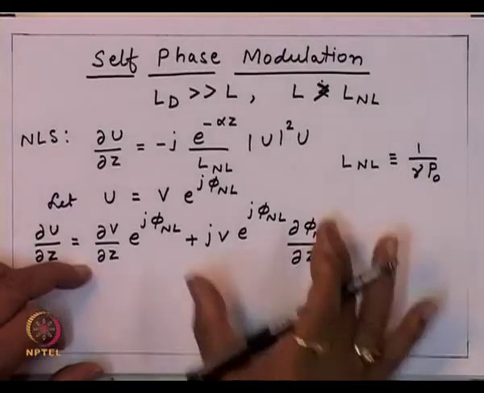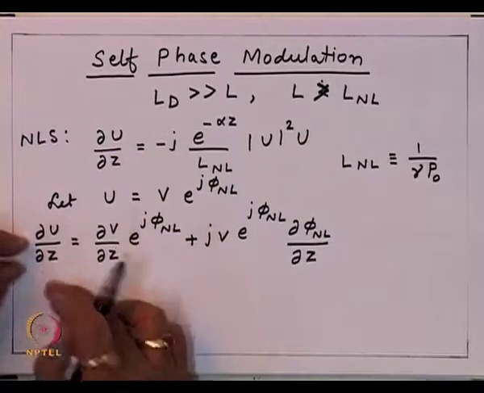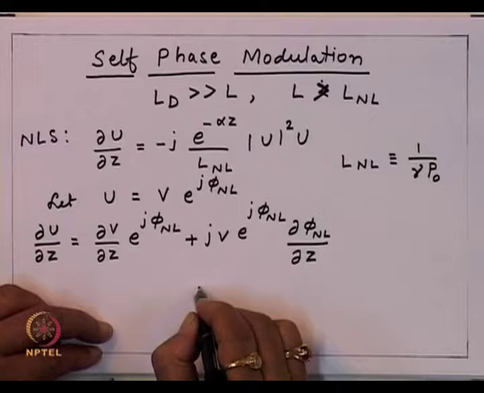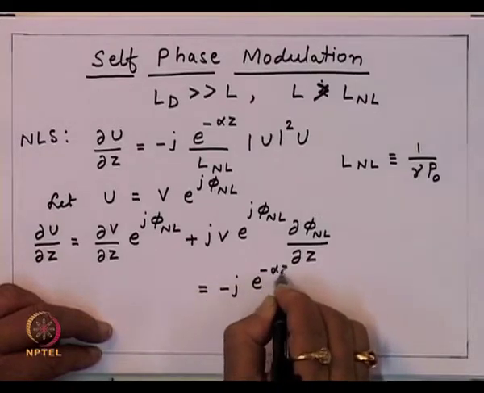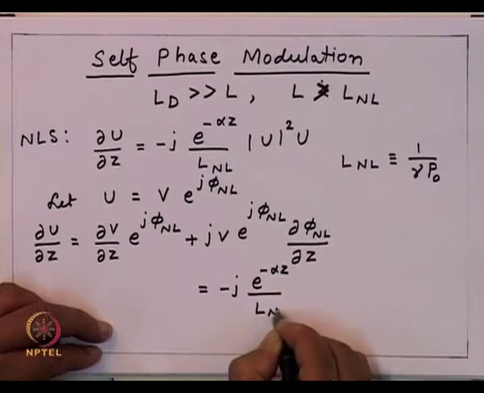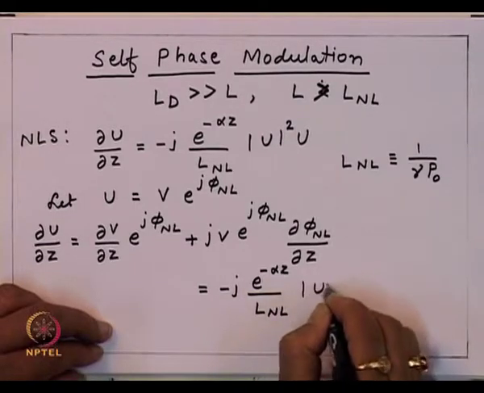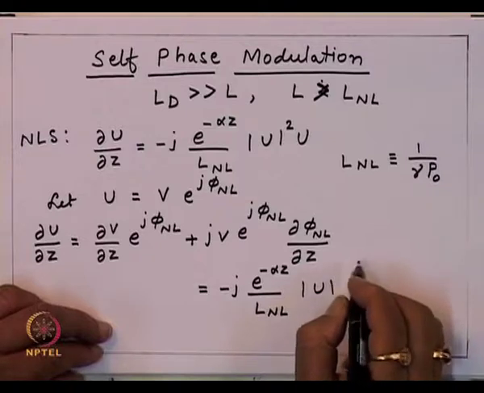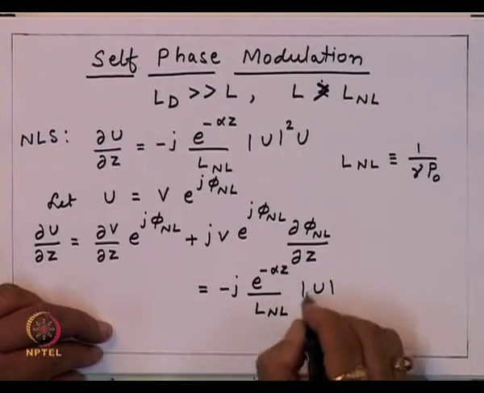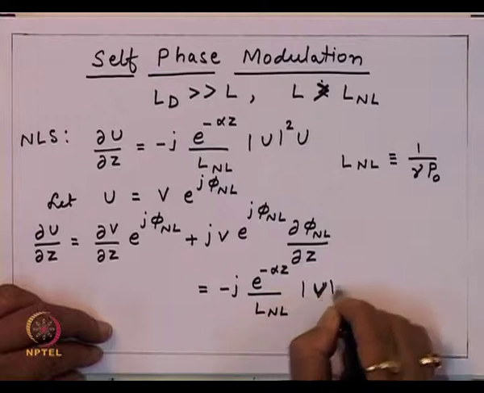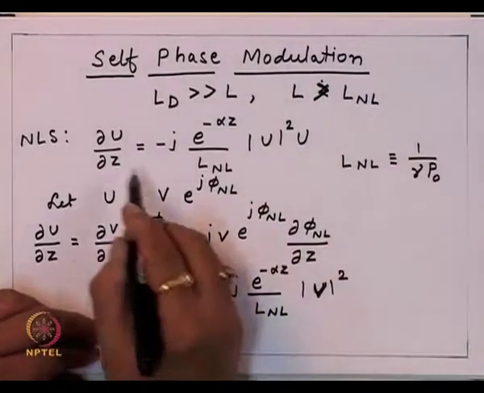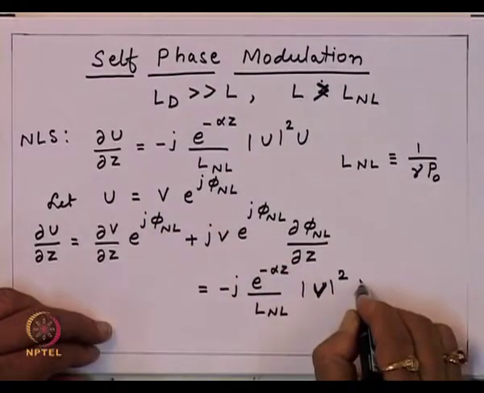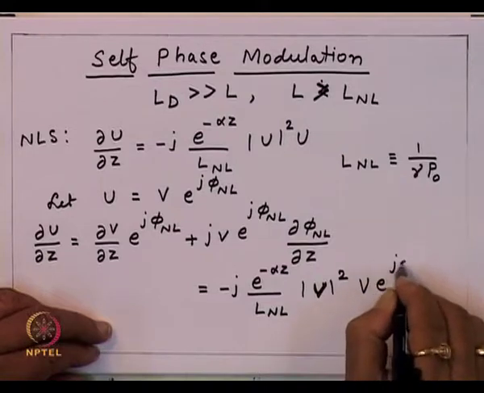So, this quantity now is equal to this quantity, because this is equal to du by dz. So, this is equal to minus j e to the power minus alpha z by L NL mod u square, which is V square, times u, which is this quantity, V e to the power j phi NL.